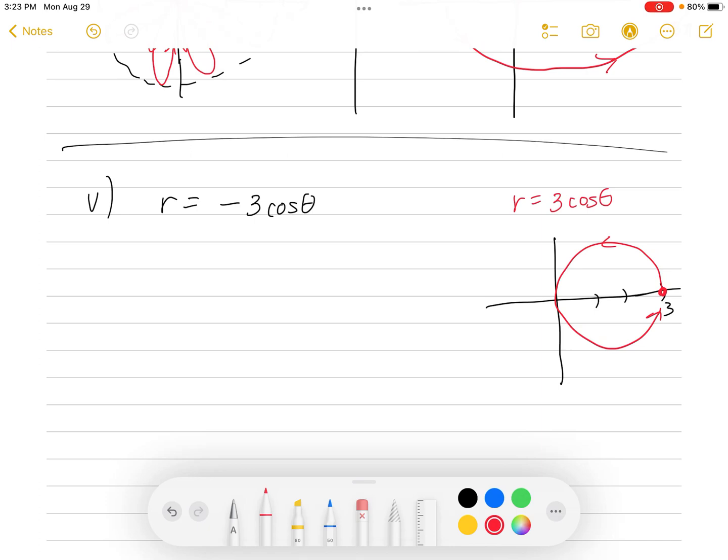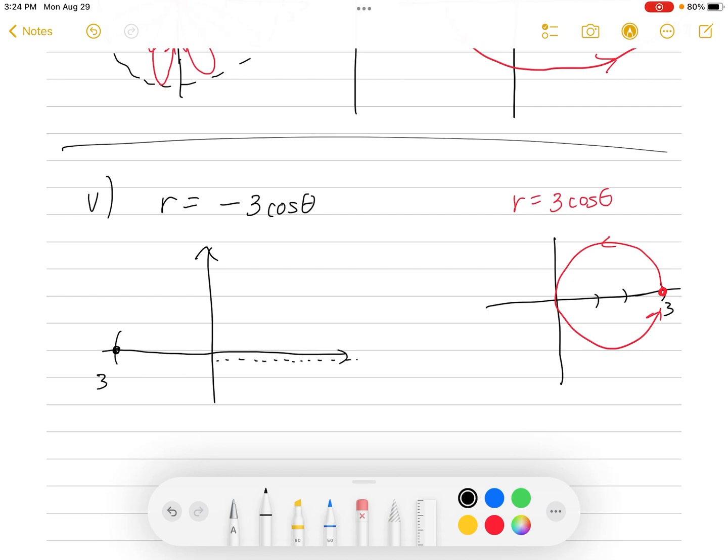Well, basically what the negative 3 does, it flips everything to the other side of the origin. So the radius, which is positive 3, gets flipped to the other side of the origin. This is still a radius of 3. We use a positive number to represent it. You don't actually use a negative number in the polar coordinate system here when you're writing this out. This is a radius of 3. So the angle is 0 here, right?